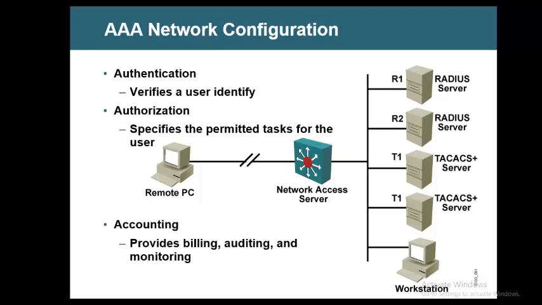But a supervisor should not be allowed to configure. So authorization limits what the user can do. And based on the limit, what all he has done will be seen in accounting.